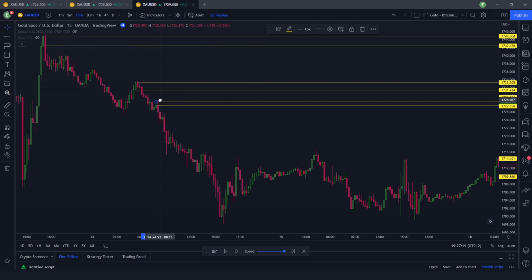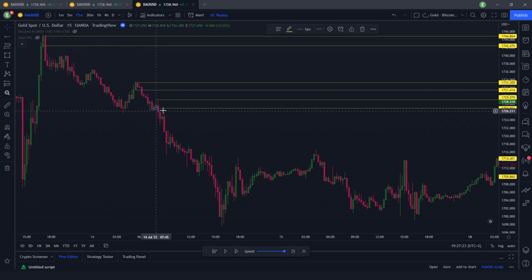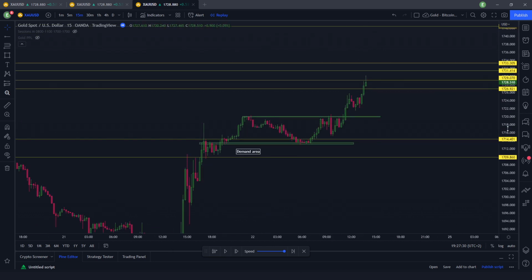So we have these liquidity areas that might act as a possible supply area. It's quite messy to look at, but let's see.